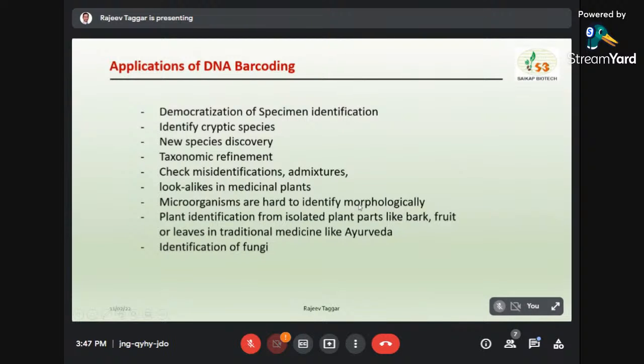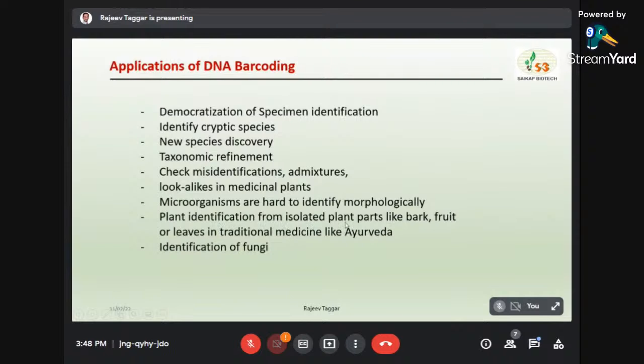What you see is nothing, and she had some morphological criteria, but eventually she did the identification using DNA barcoding. She sequenced the 16S rRNA, and that is how she identified her bacterium. So DNA barcoding has a lot of applications in identification of microorganisms. If you want to take up microbiology, this will come in very handy.